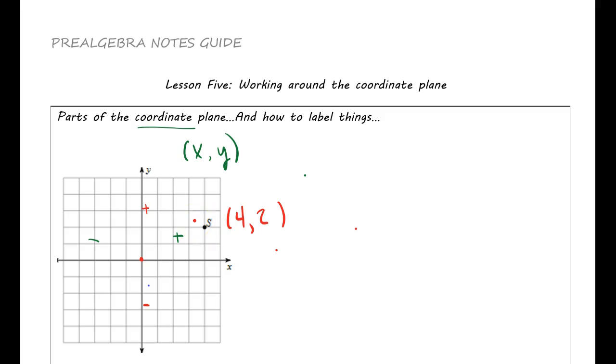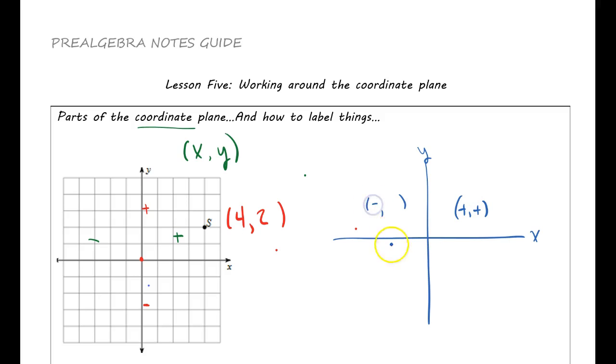And in fact, some teachers want you to often start off the year memorizing the quadrants and what's positive and what's negative. So in this quadrant, everything's positive because you're going right and up. In this quadrant, you're going left and then up.